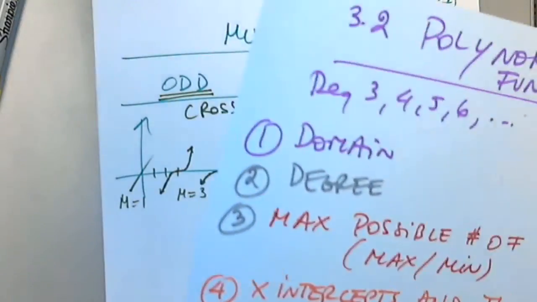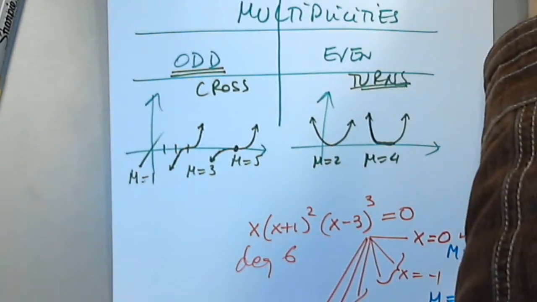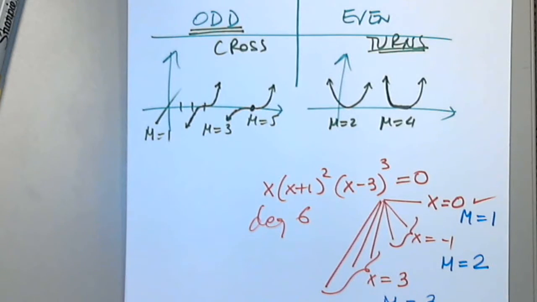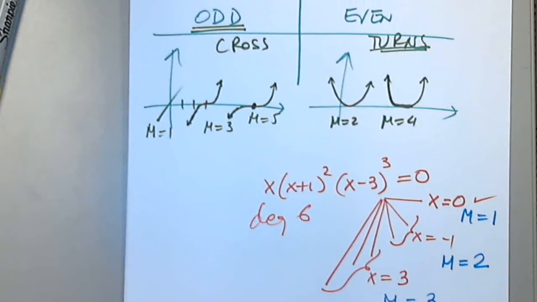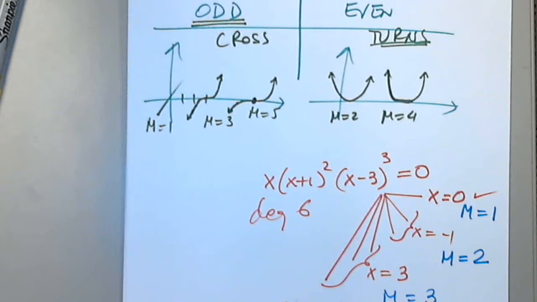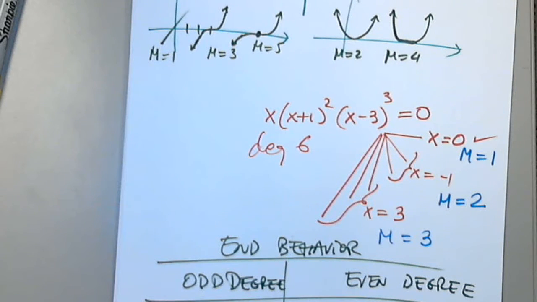We learn a lot about the function, knowing how many times an x-intercept appears in the equation. And the last thing before we start looking at examples is the end behavior. For end behavior, there are only 2 types.